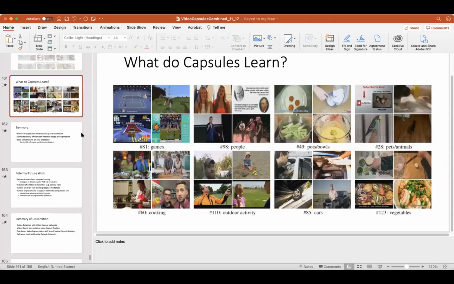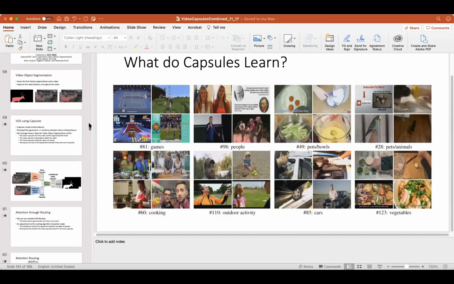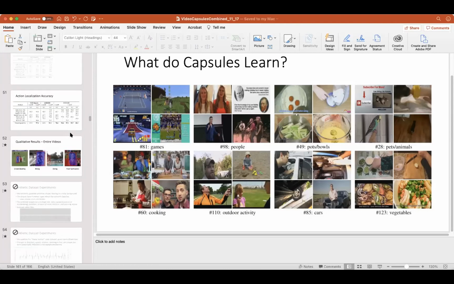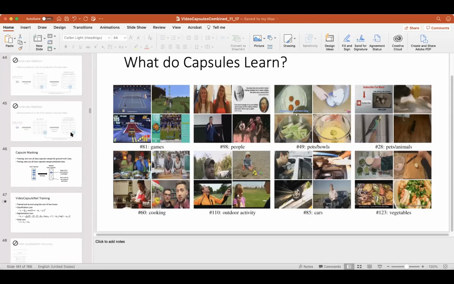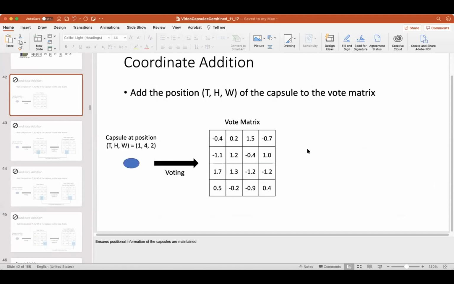So I'll start with the positional coding. In the original work, in Video CapsuleNet, I didn't talk about it much, but there is a form of positional coding called coordinate addition. Given our vote matrix, we can perform coordinate addition by adding in the position of the capsule in the spatial temporal grid.